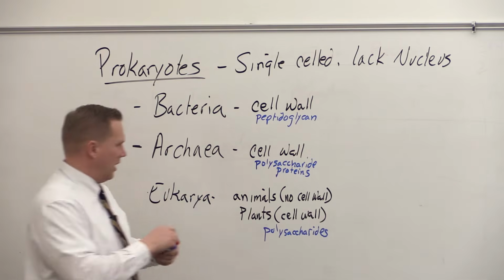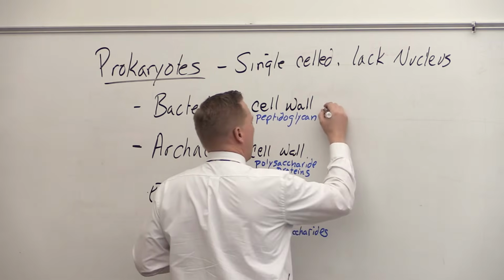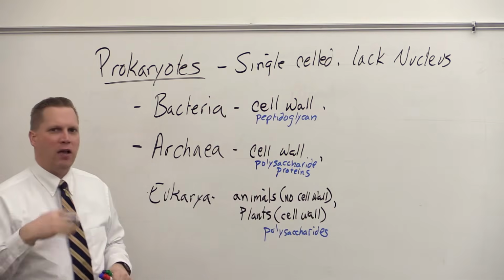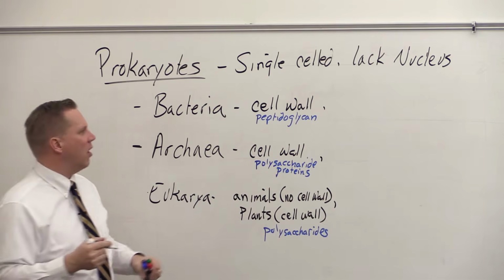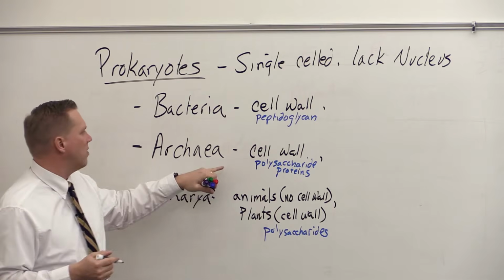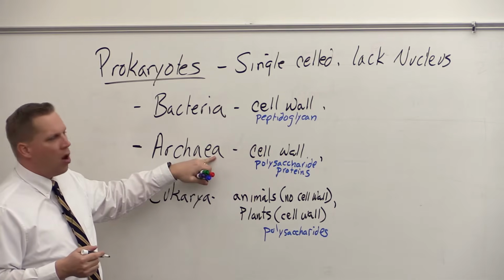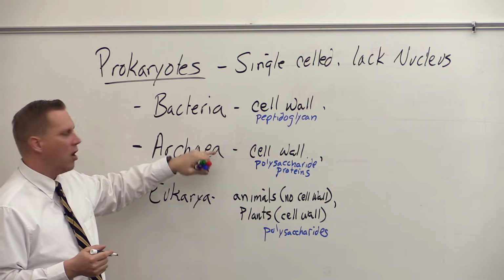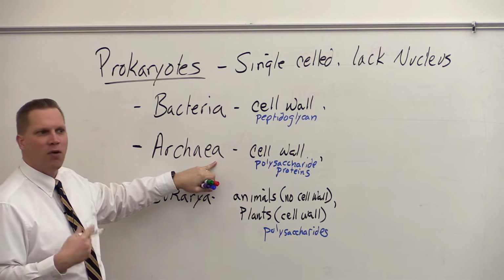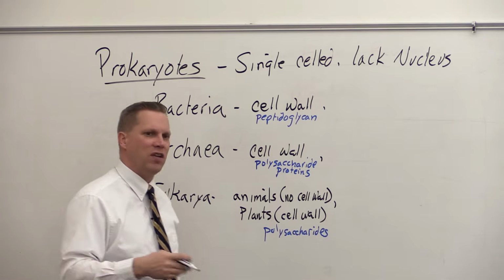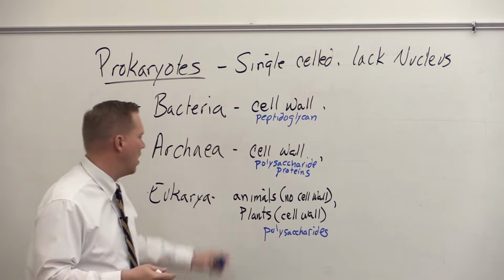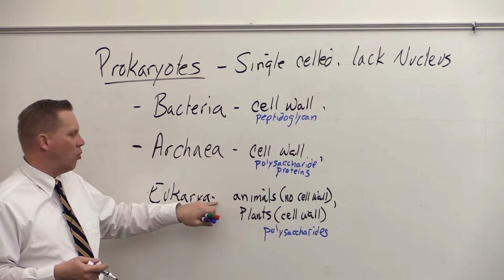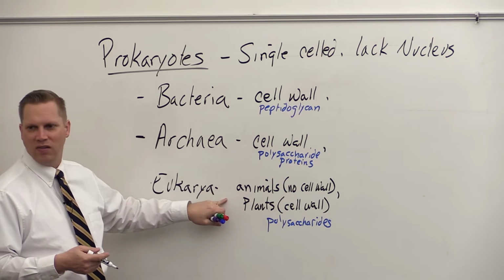And what they did was they started then to look at these biochemical differences. And they found that in many ways, even though archaea was small and single-celled and lacked a nucleus, so it seemed like it was more related to bacteria, when they started to look at the biochemical processes, things like replication, translation, transcription, they found that it actually looked a lot more like some of the eukaryotic processes.